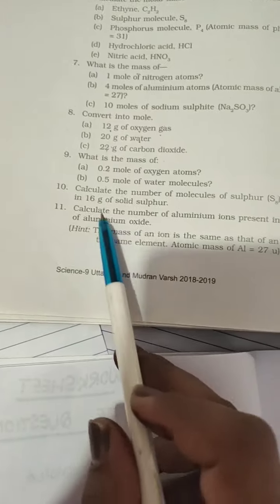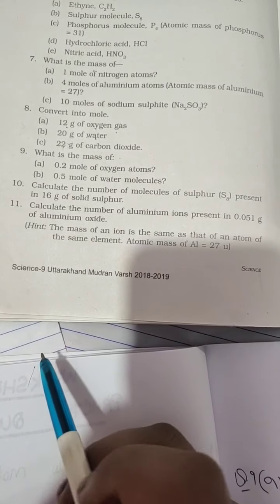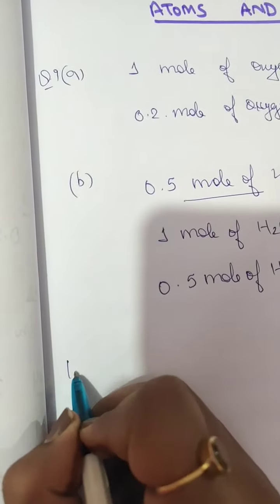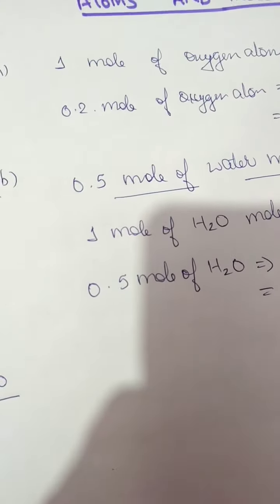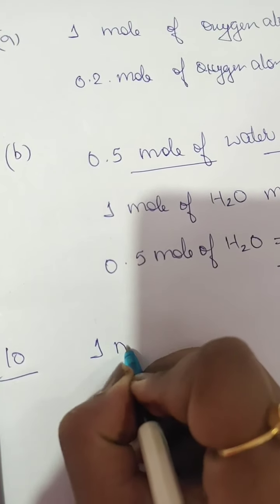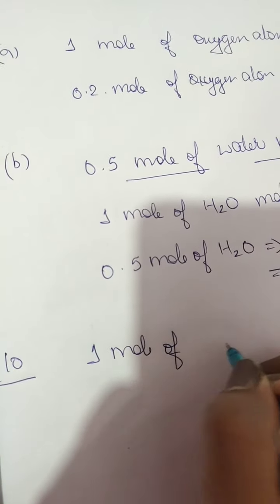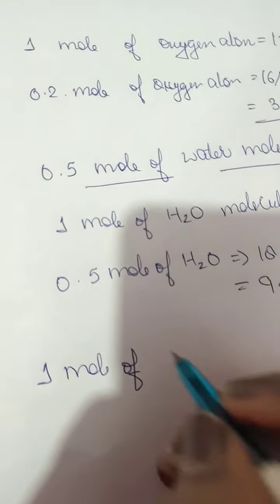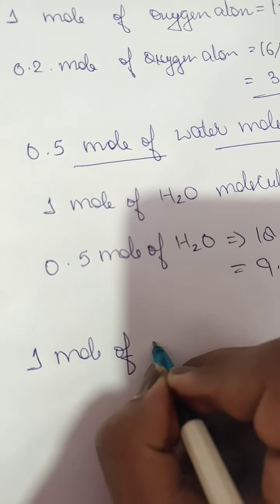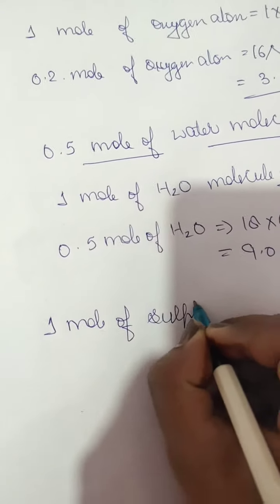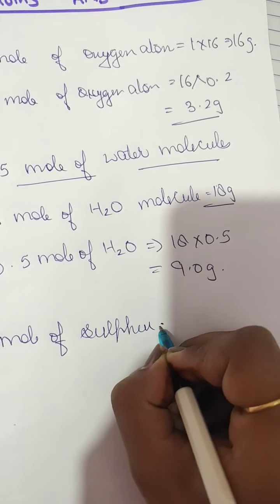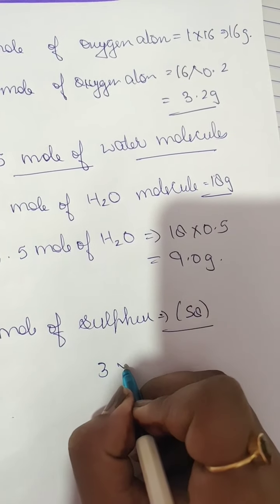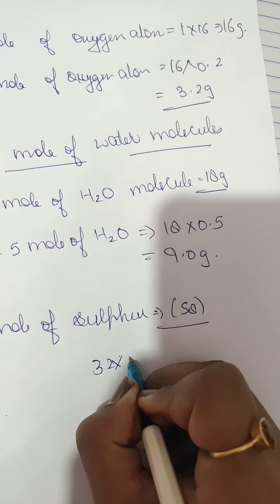So next question is, calculate the number of molecules of sulfur present in 16 grams of solid sulfur. Now this is also an easy question. So in this, we have to calculate the number of molecules, that is we have to calculate N. Okay, so in this, 1 mole of sulfur: sulfur is S8, so when 1 is 32, it has to be 32 into 8.